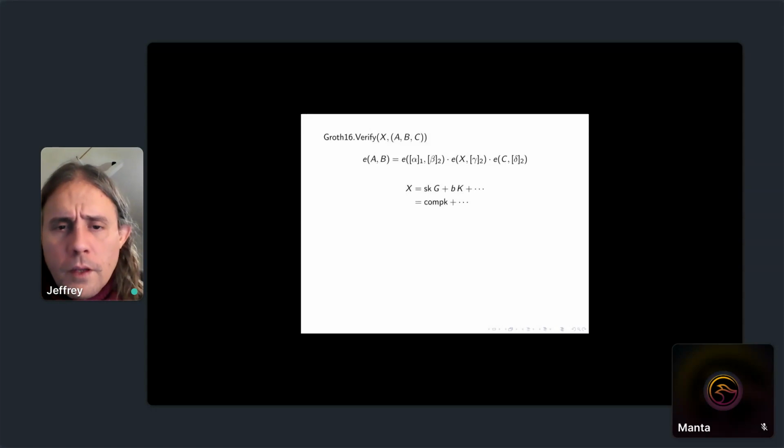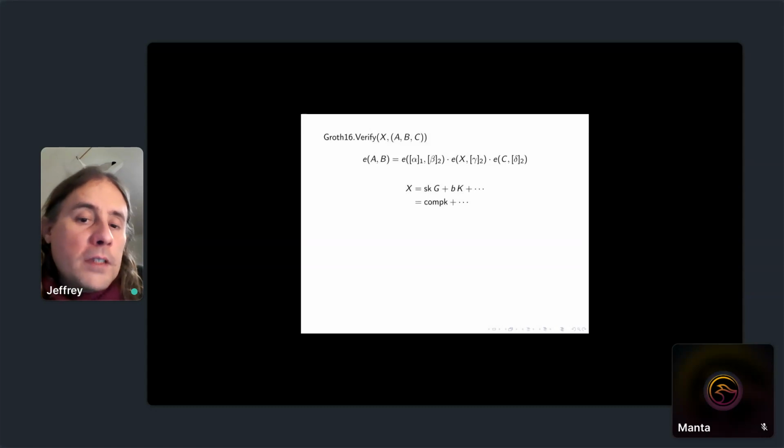Okay, so the idea for this ring VRF is that we want to plug this X in as the COM-PK in the Pedersen VRF, and so that'll take the form of the secret key times some generator G, and then a blinding factor times some K. Now we could do that in the Groth16, but it would be really annoying because this blinding factor would occur inside the Groth16, which then means we need a new Groth16 each time we use it.